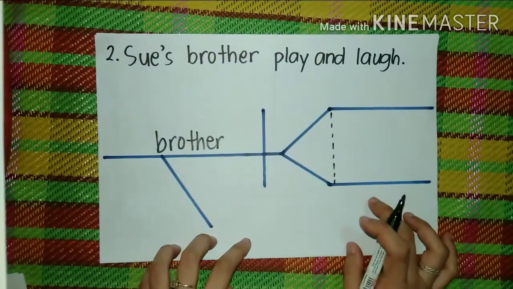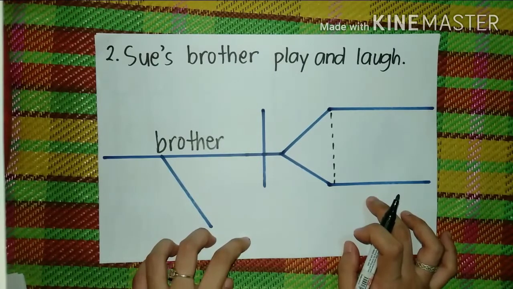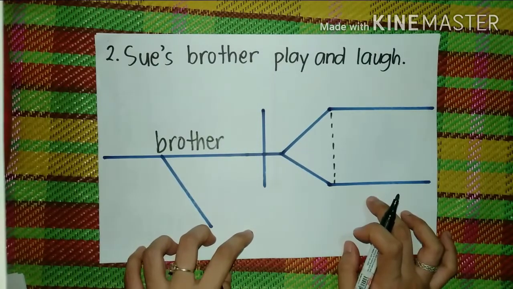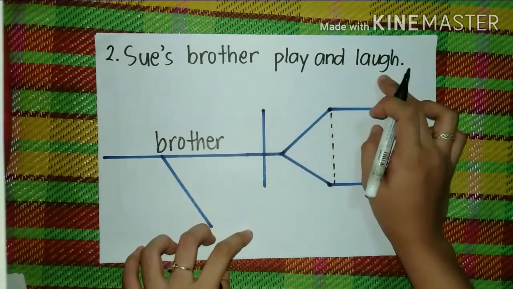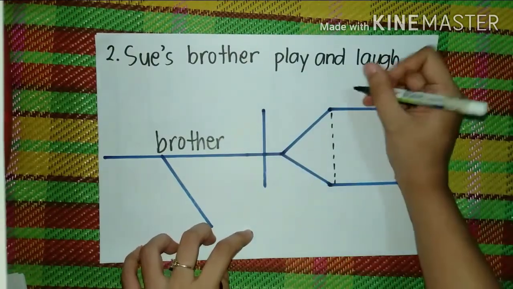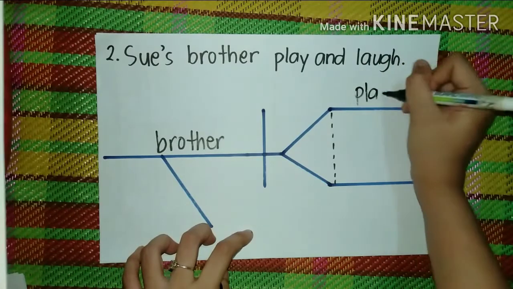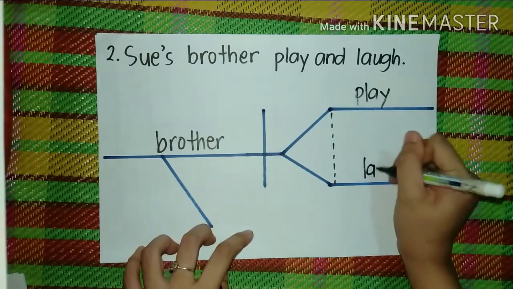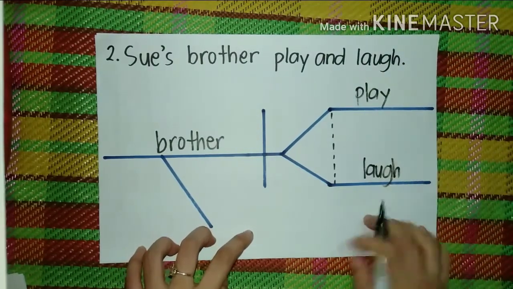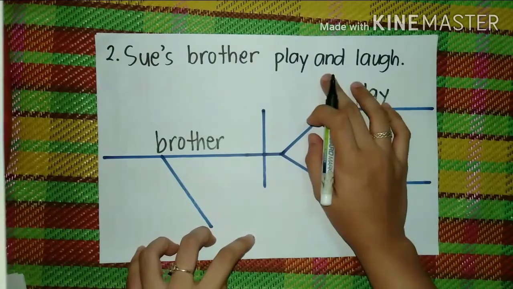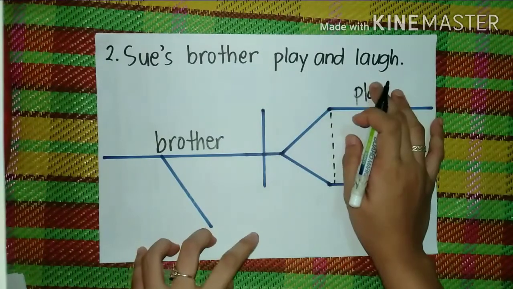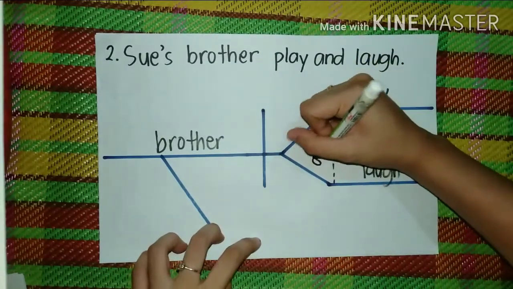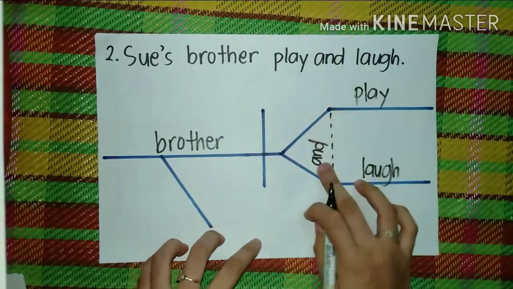Next, what are the predicates in this sentence? Predicates refers to verbs. That's why the verbs play and laugh will be the predicates of the sentence. So simply write play and laugh here. And of course, the conjunction that connects these two predicates, we just have to write it on this part.